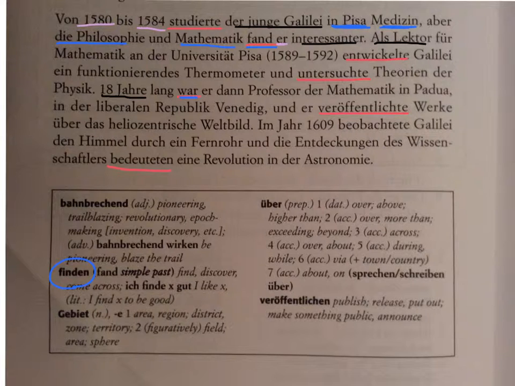I love these cognates. 18 years long, he was then a professor of mathematics in Padua, in the liberal republic, or I should call this the Free Republic of Venice. And he published works about the heliocentric concept of the world or view of the world.